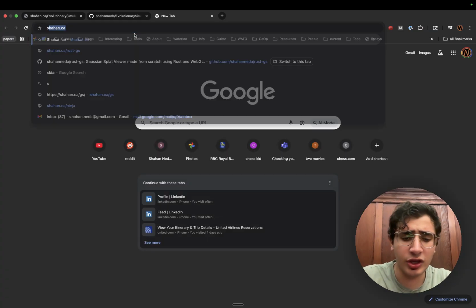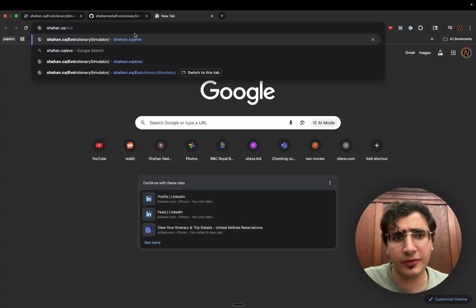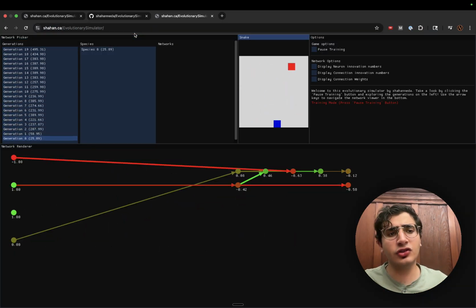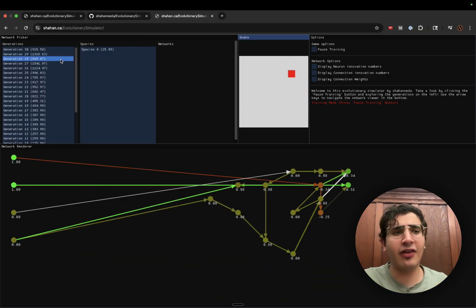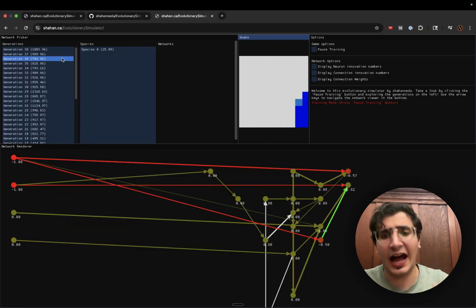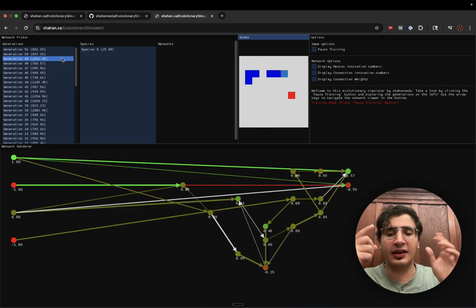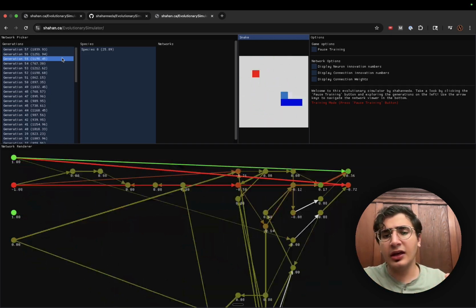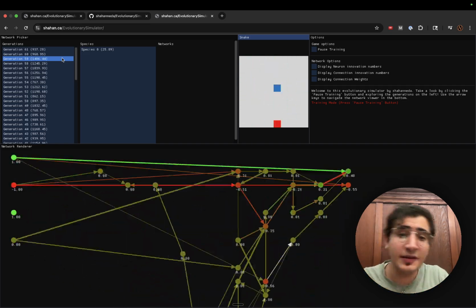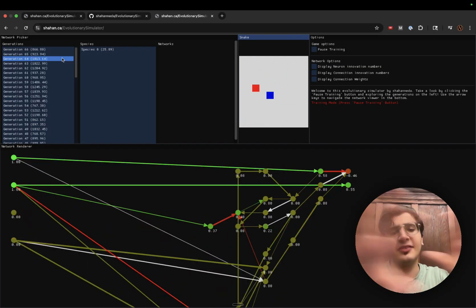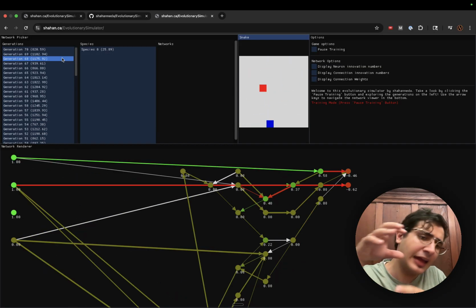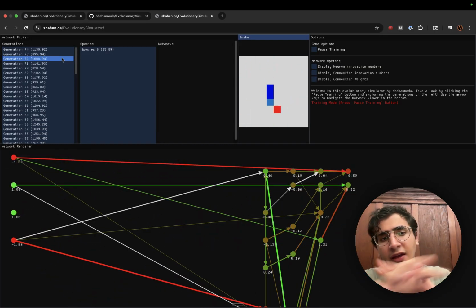I can also show you, I can start a new training run completely from scratch. So if I go here, you can see a new training run completely from scratch, and you see how fast it's going in the background right now. It's playing thousands of games, and there's actually 2 threads going on. There's one thread which does the machine learning and evolution as fast as possible. The second thread is the visualization thread, which gets the state of the network and then visualizes it.